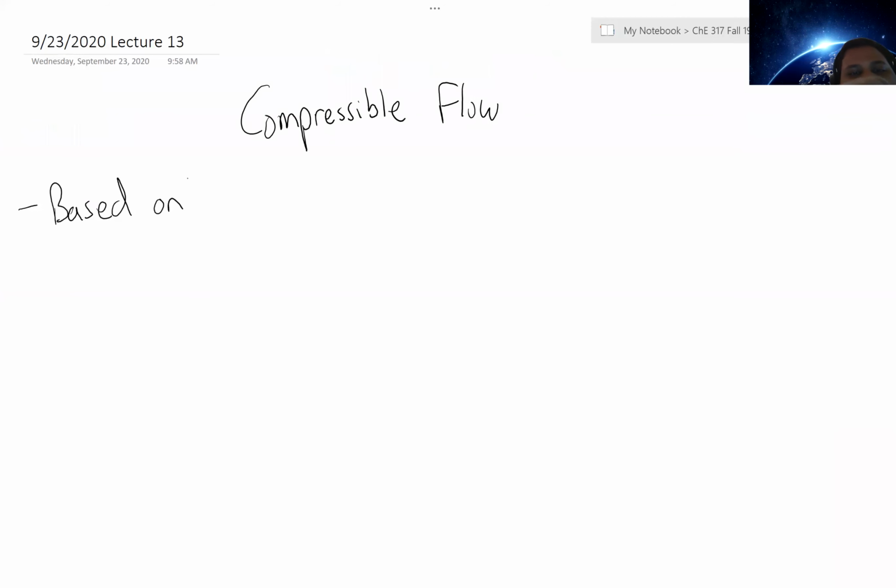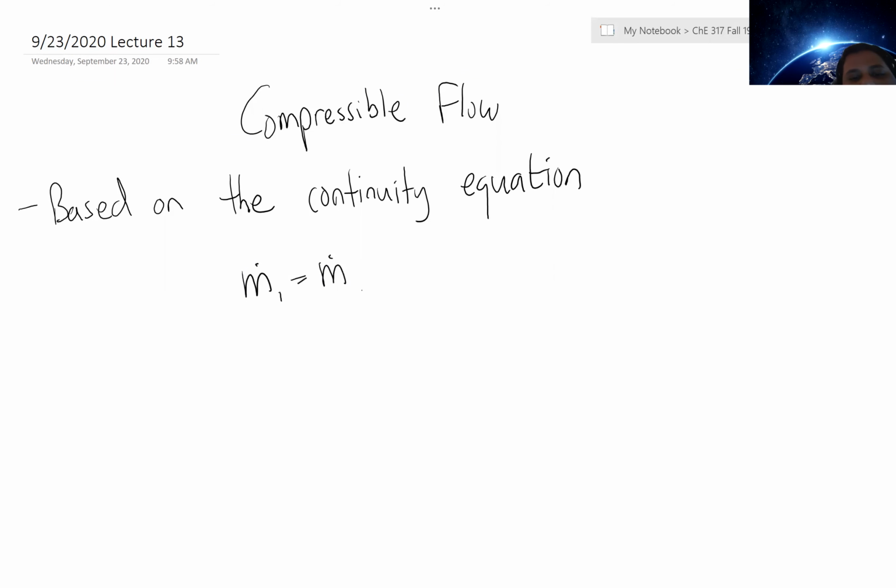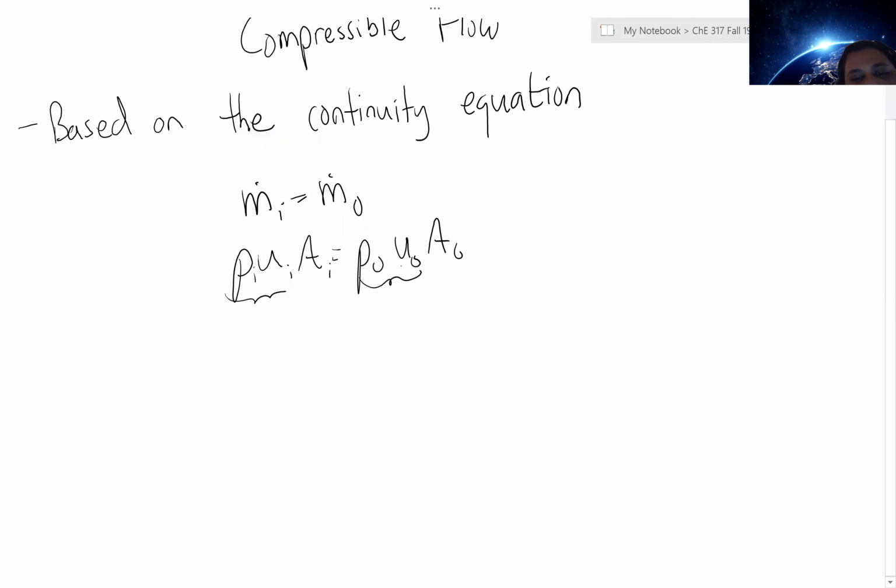So, when talking about compressible flow, we can say that based on the continuity equation, for a system at steady state, with the mass in equaling the mass out, in lieu of our typical analysis of rho 1 u1 A1 equal rho out u out A out, we typically consider things in terms of a mass flux.